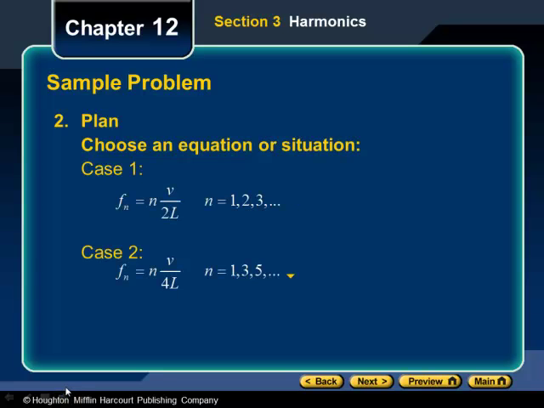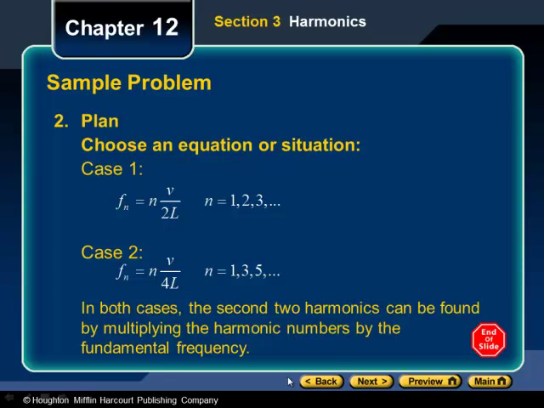Okay, and we will use then the equation given here: F sub n equals n times V over 2L, where n is equal to 1, 2, 3. F sub n is equal to nV over 4L, where n is 1, 3, 5. So these are the first three that we'll look at.